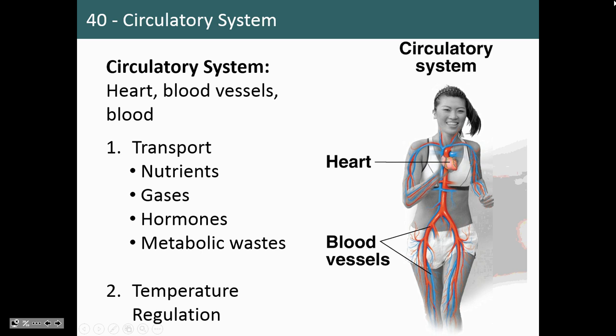So we transport nutrients, so the food that's being absorbed from the digestive processes. We also transport gases, so oxygen in for metabolic activity, carbon dioxide out as a waste gas. It also provides the transport mechanism for hormones and chemical signals, as well as for metabolic waste materials.